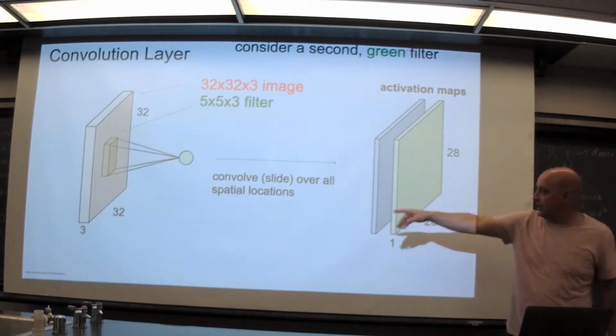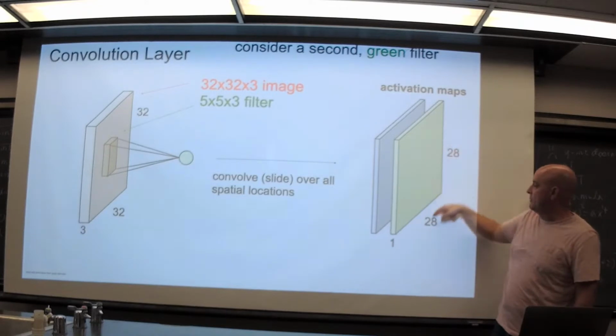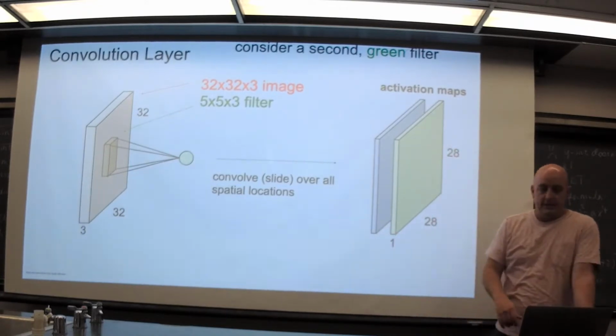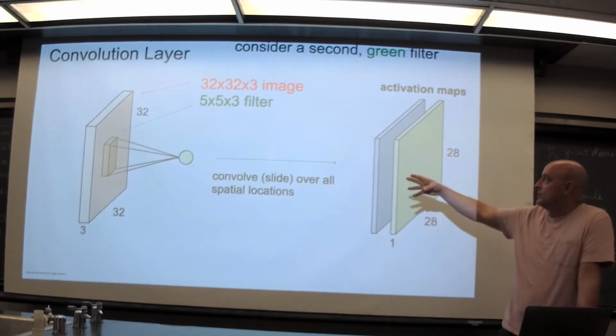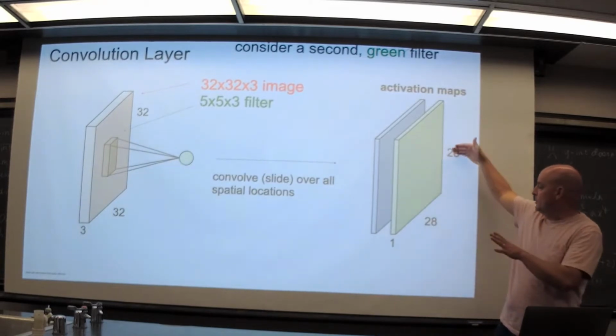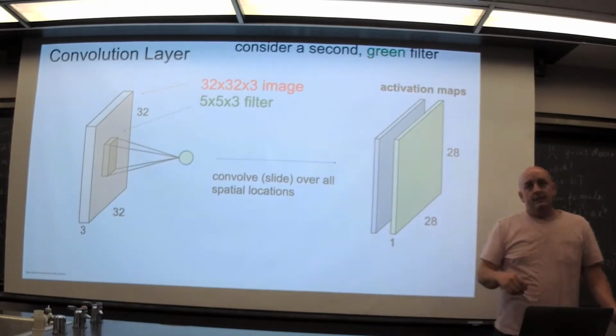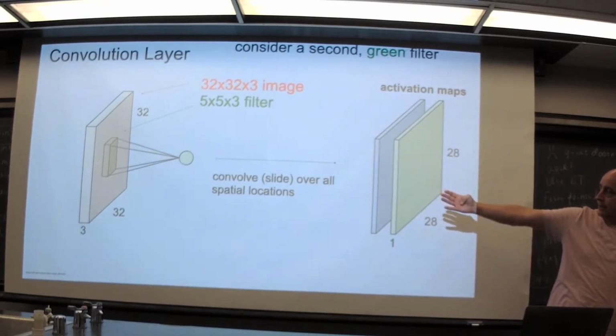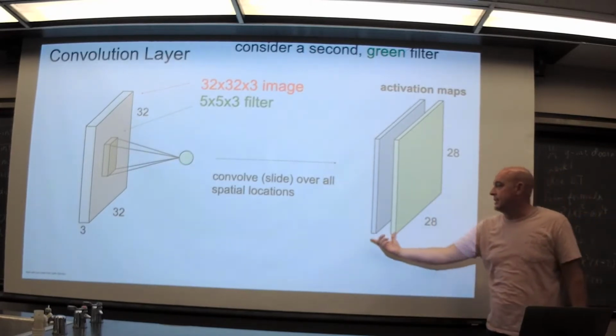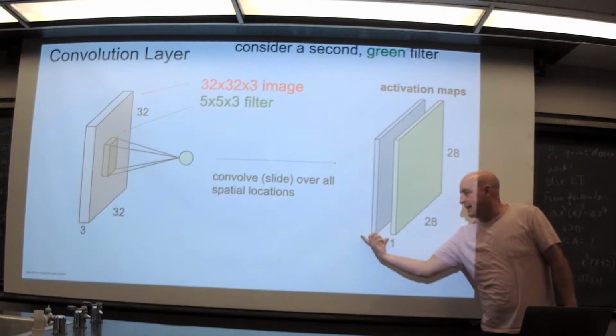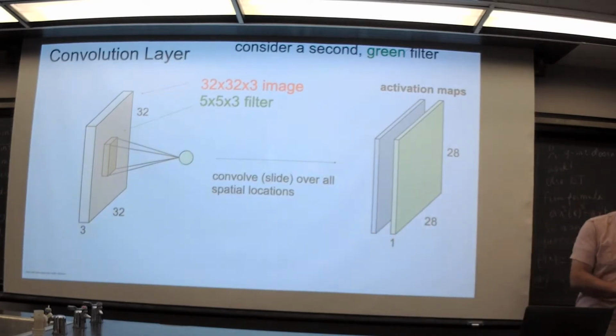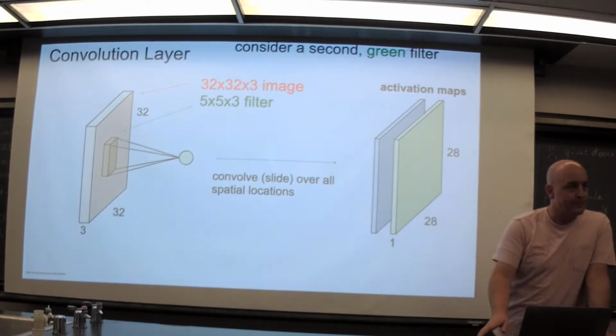So if we have 2 filters, the feature map will be 28 by 28 by 2. If we have 10 of these filters, the feature map will be 28 by 28 by 10. So the number of filters for each convolutional layer gives us the size of the depth of the output tensor, which we often call a feature map.